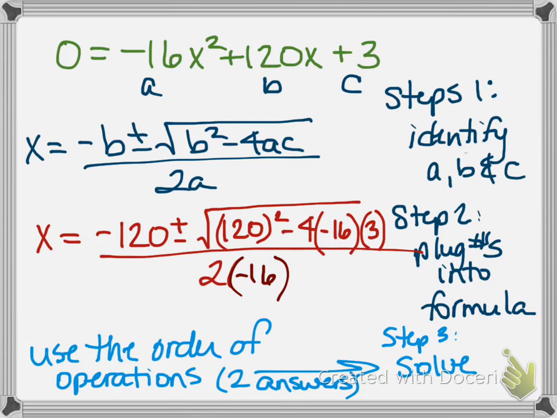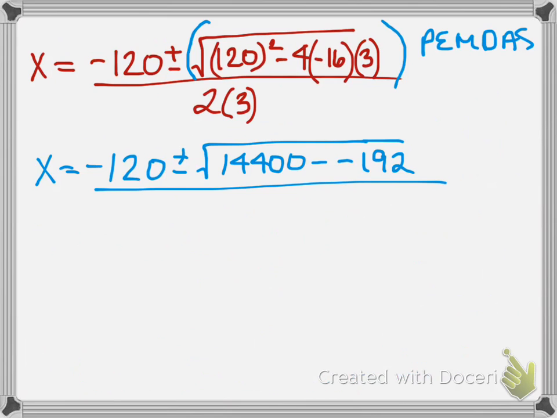So a was negative 16. Okay, so we got to change it here too. This should be negative 16. So I can do that multiplication on the bottom, just get that as a negative 32, just to simplify it so it's only one number. So now inside my square root, remember I'm solving that first, minus a negative, that changes to plus.